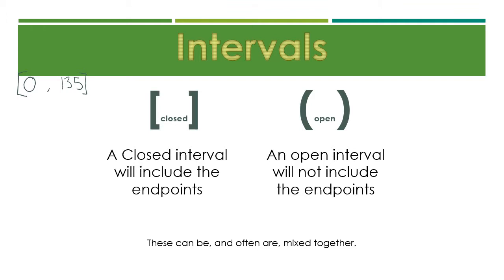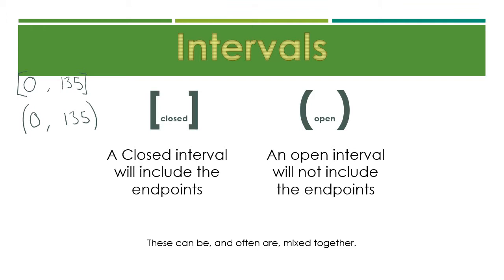But we know that this isn't the case. If I write someone's lifespan this way, what I'm saying is that a person lives from about 0 to about 134 years old, 364 days, 23 hours, 59 minutes old. Okay, that's how long they live, but they don't actually reach 135, is what I would say.